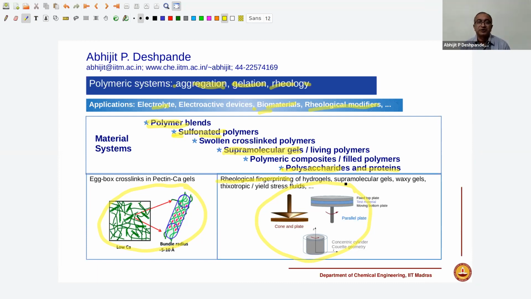These are some common geometries which all of you are probably familiar with in terms of viscosity measurement. Given that polymeric materials show both dissipative and energy storage response, we can analyze not just viscosity, but modulus and therefore the viscoelastic response of these materials.